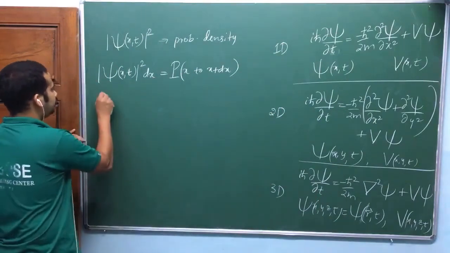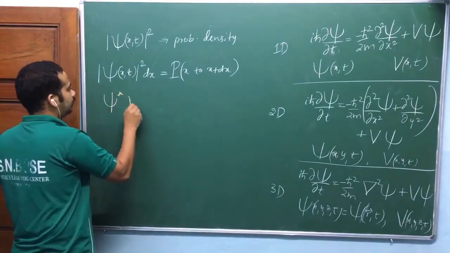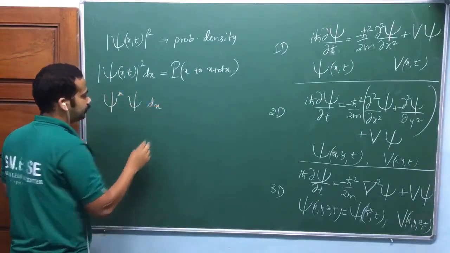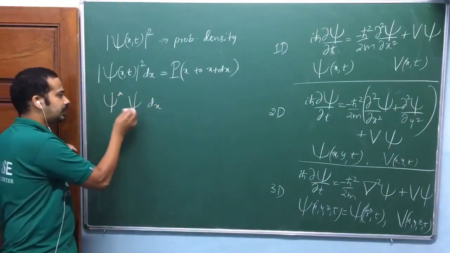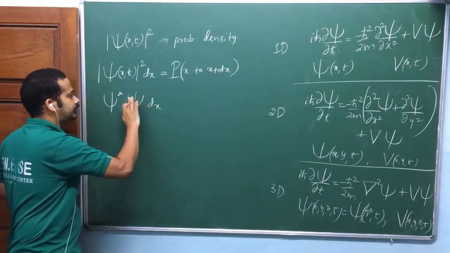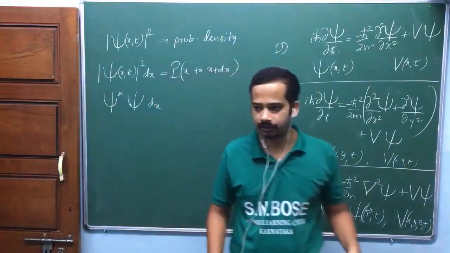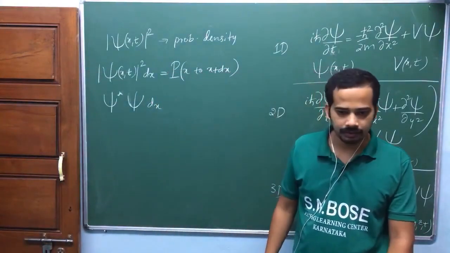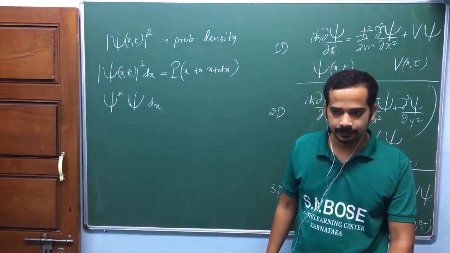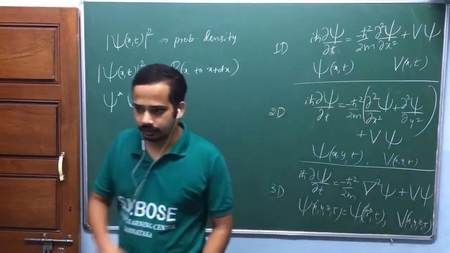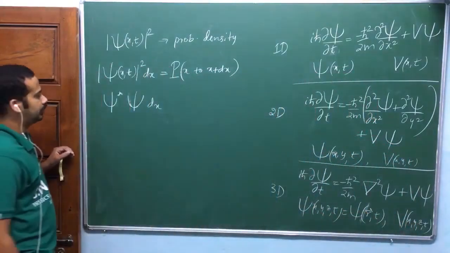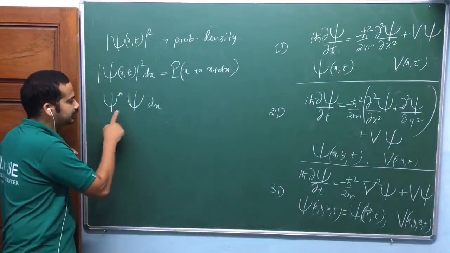This means psi star into psi dx, isn't it? Psi star and psi have the same dimension usually. If psi has one dimension, psi star will have the same dimension. Now these two have the same dimension.